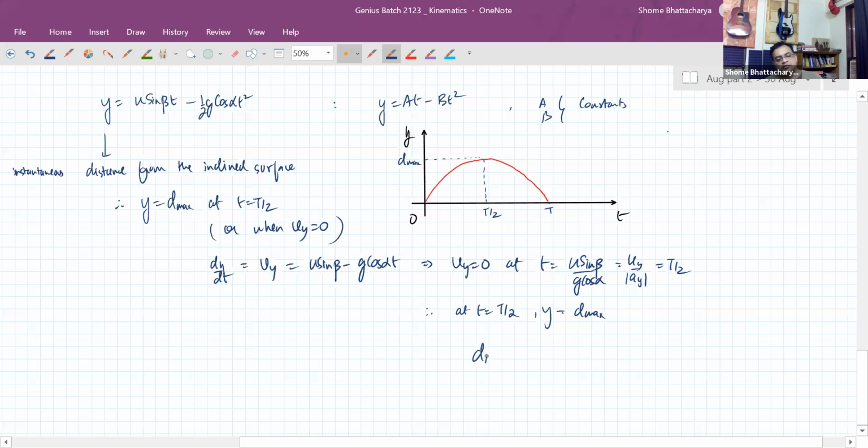you will get the maximum distance from the inclined surface as u square sine square beta divided by 2 times g cos alpha. So again, see the format of it is the same. It is uy square divided by 2 times ay.